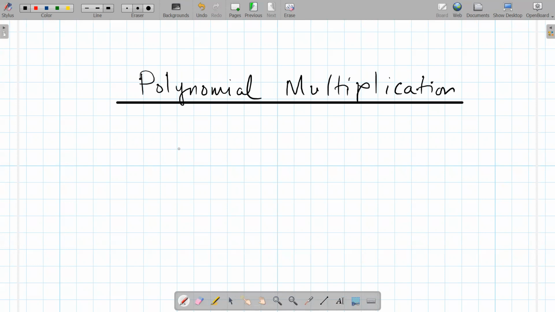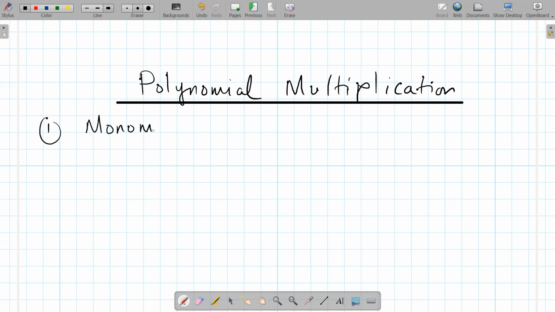So we can have a case where a monomial multiplies a polynomial, a binomial multiplies a polynomial, or a trinomial multiplies another trinomial or another polynomial. So it keeps going on and on like that. So the first one that we want to look at will be a monomial by a polynomial.